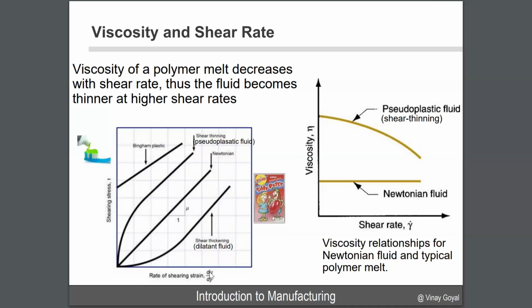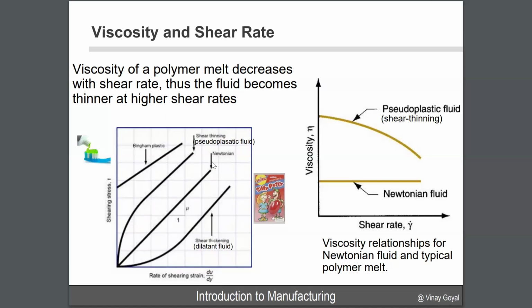If you ever play with putty, kids play with putty. Maybe as adults, we should buy some putty so you can see what that looks like again. But with putty, when you play with it, you will see that the behavior for deforming it at high speeds or softer speeds is different. So what you see here is the higher the rate of shear, the higher the shear stress introduced.